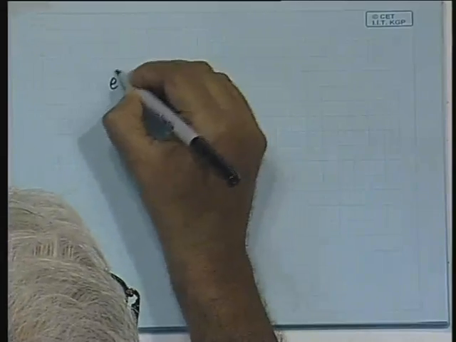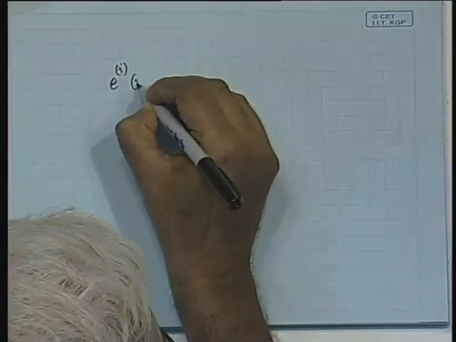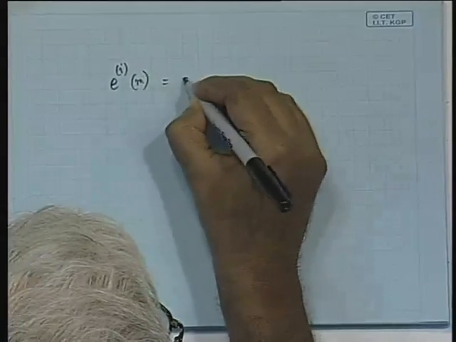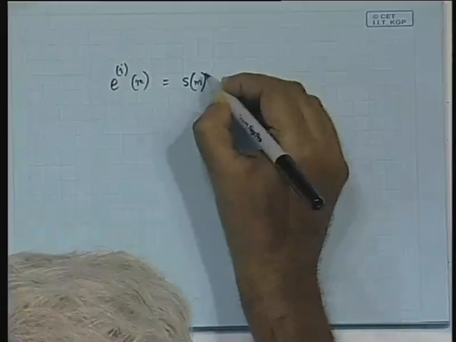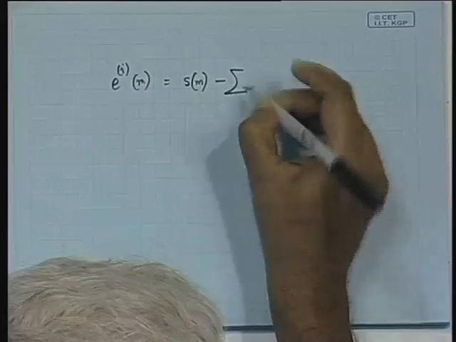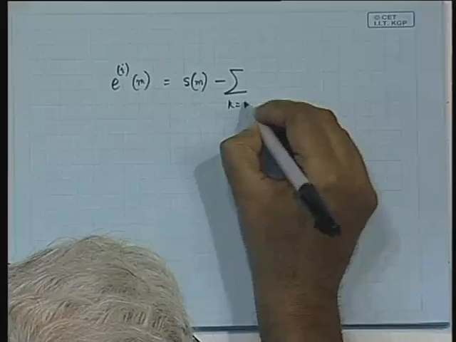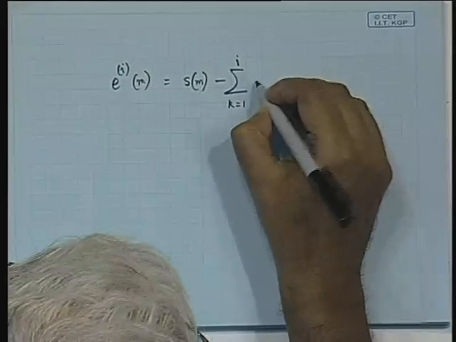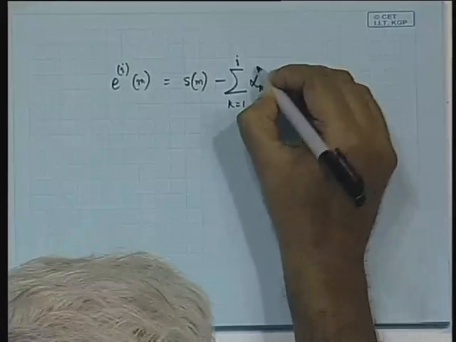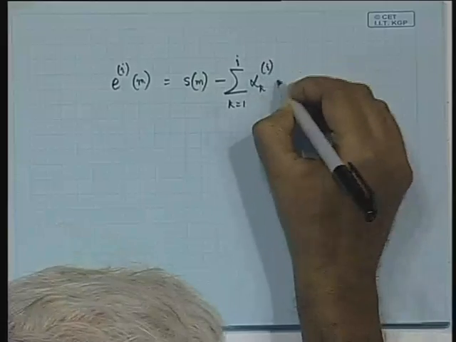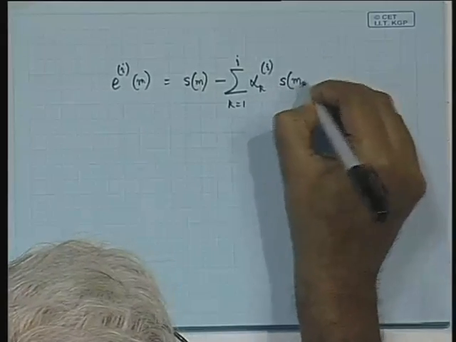So, the error expression will be E i of m, and that will be written as S of m minus summation k is equal to 1 to i alpha k i S of m minus k.